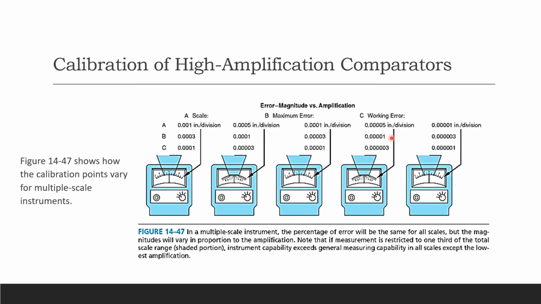So the higher the amplification it goes, okay, the magnitude of error is going to go up. So you can see the magnitude of error right here, okay. And that's just showing you the division. That's your standard division right there, giving you the amplification, yeah. So the more amplification, the more the magnitude of error goes up.